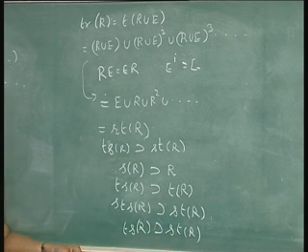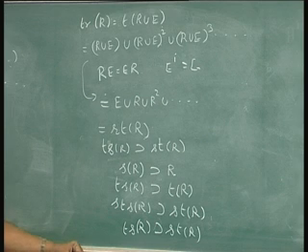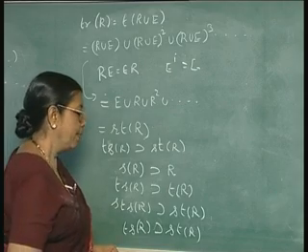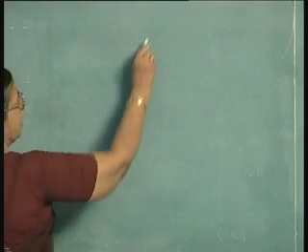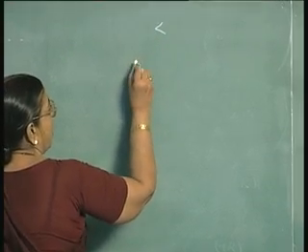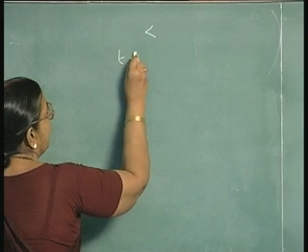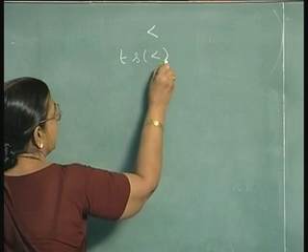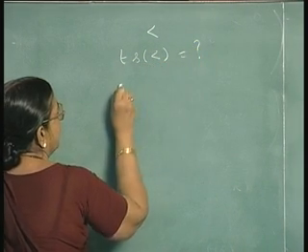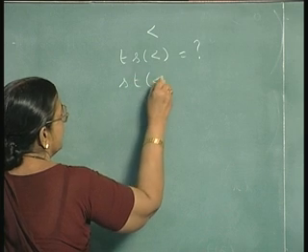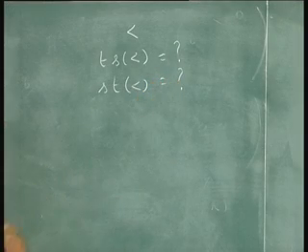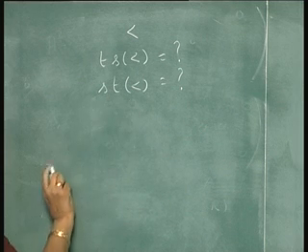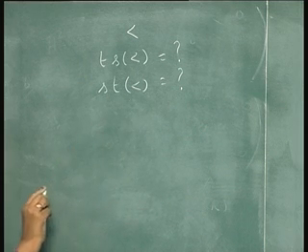So, we proved the third part. In the first two parts it was equality, in the third part it is containment. Let us show why it is only containment. Take the less than relation. What is T S of less than relation and what is S T of less than relation? Look at this first. Less than is a transitive relation.